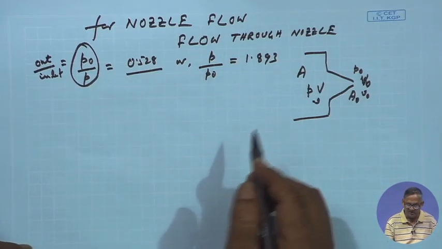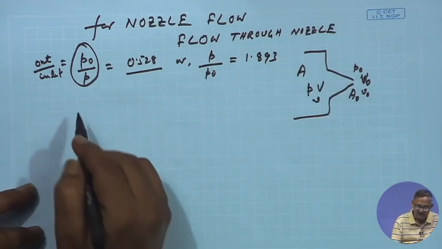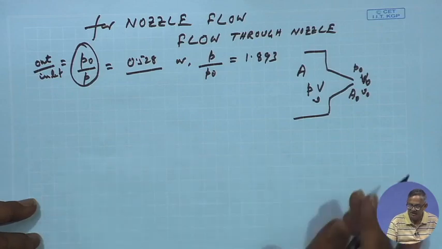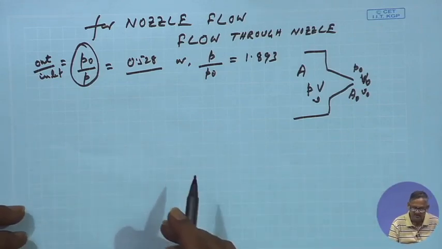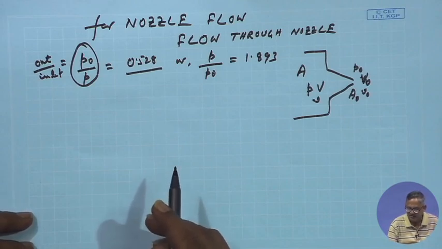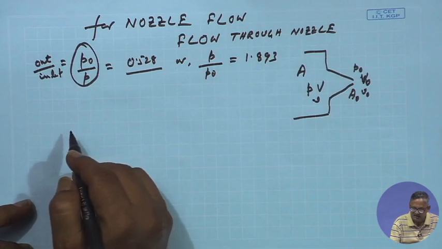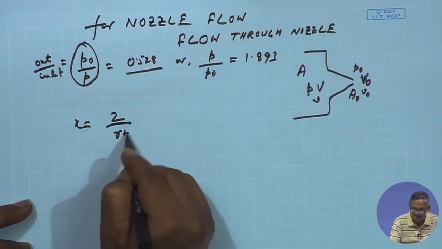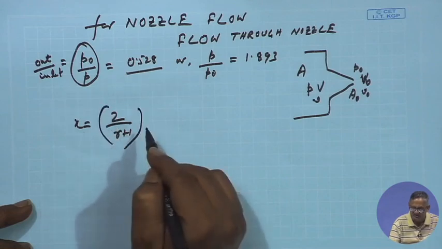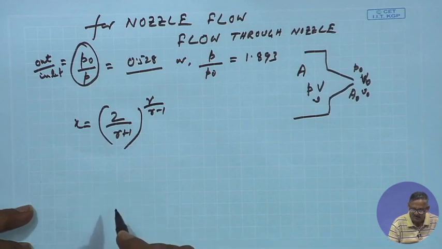Now the question was, we hurriedly finished it there. If we recapitulate a little, we had this relation, that x is equal to 2 by gamma plus 1 to the power gamma by gamma minus 1, right?